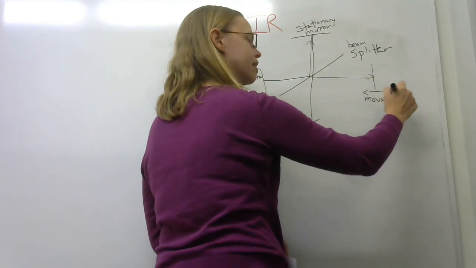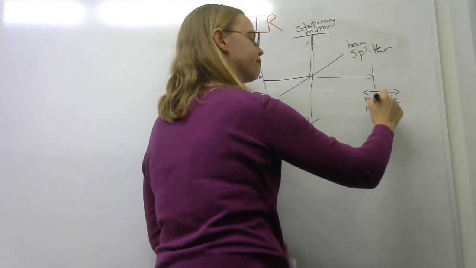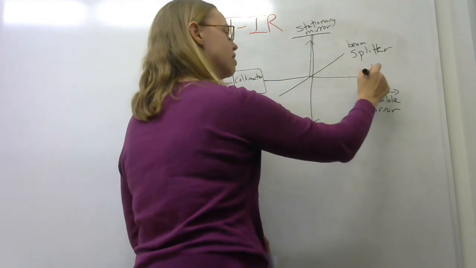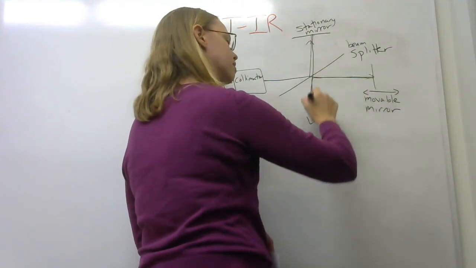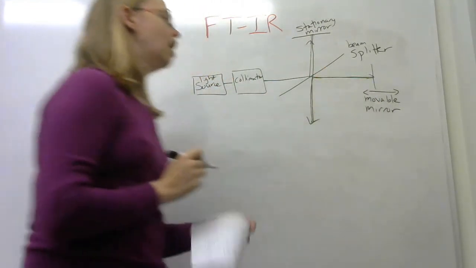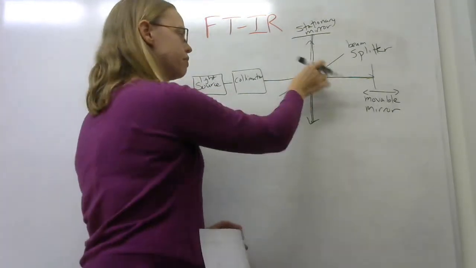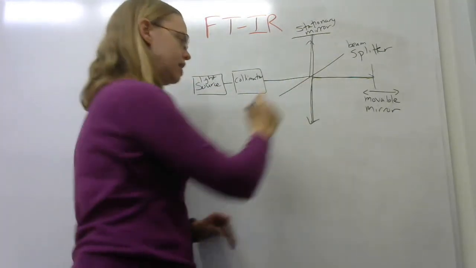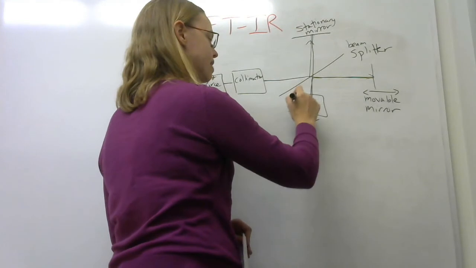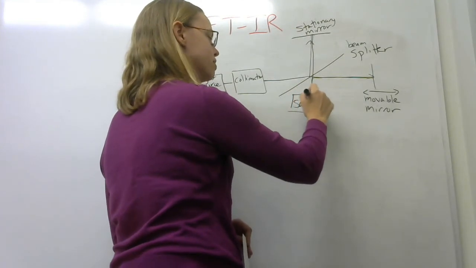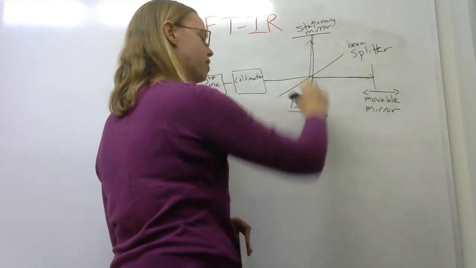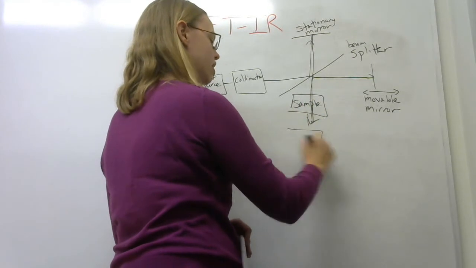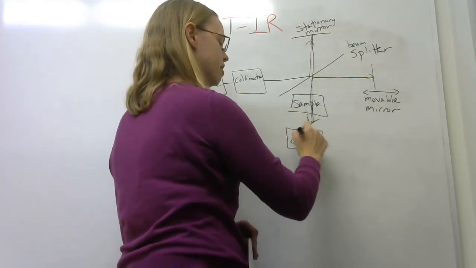So that mirror can be in different spots. And once it goes there, it goes back down this way. And so these two beams of light will recombine. And then I didn't draw my sample in here, but we're going to have some sort of sample, right? So I have the two parts of light that are going to go through, and then afterwards some sort of detector.